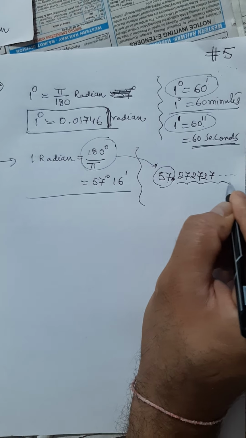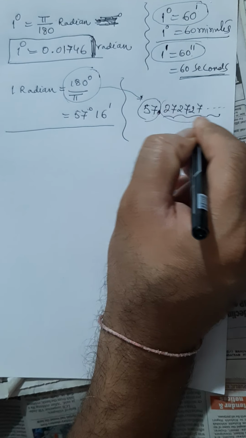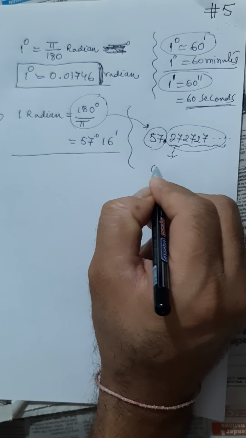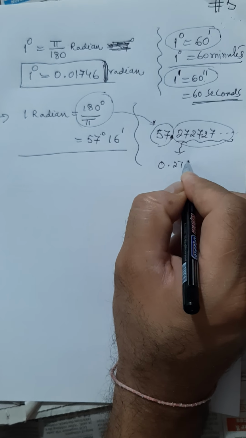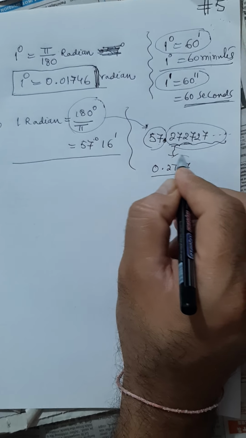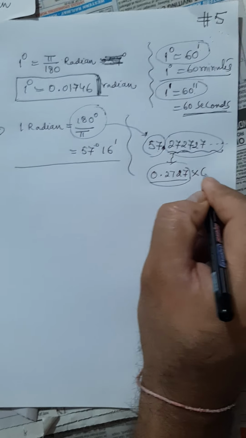Now after the decimal point, we take the next smaller unit. Which is the next smaller unit? Minute. So it is roughly 0.2727. This is in degrees, and I want to convert into minutes, so I'll multiply by 60.